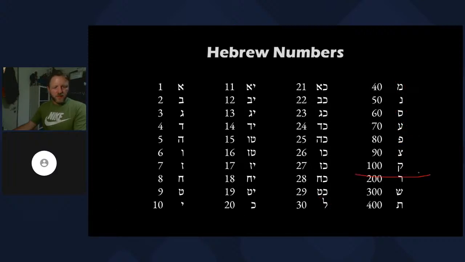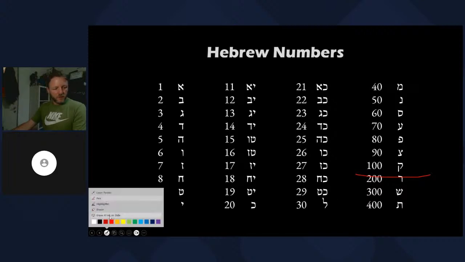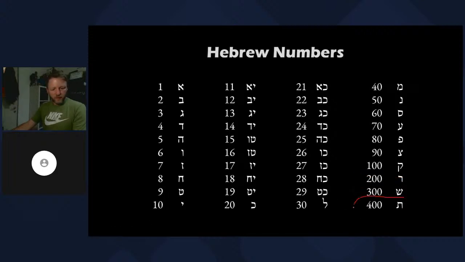Kuf is 100, and then after that, you don't go back to 20s and whatever. You go 200, 300, 400. Okay, so we can go up to 400 without doubling any of the hundreds. So if I want 123, kuf, kaf, gimel.